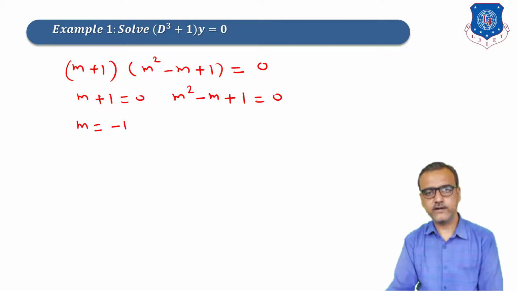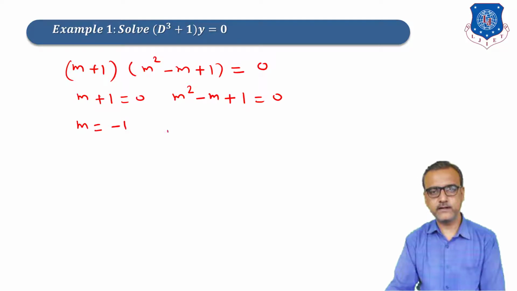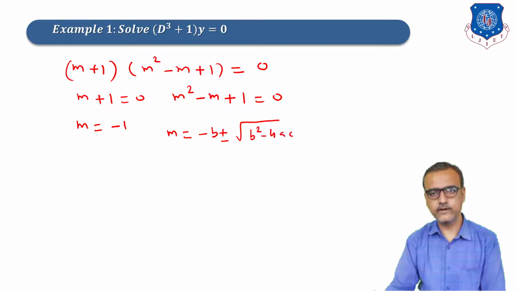Now to solve the equation m square minus m plus 1 equals 0, we will apply the delta method, that is m equals minus b plus minus square root of b square minus 4ac divided by 2a.